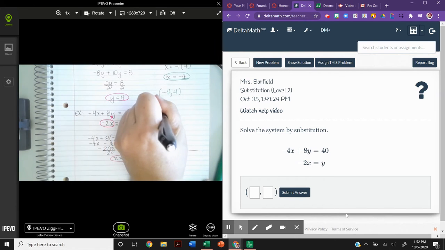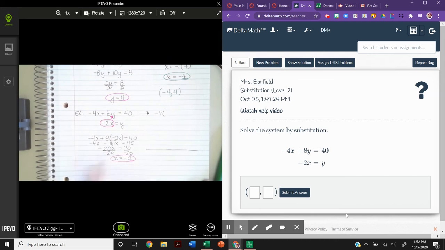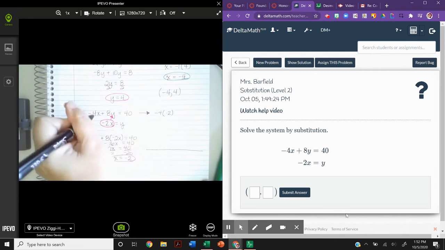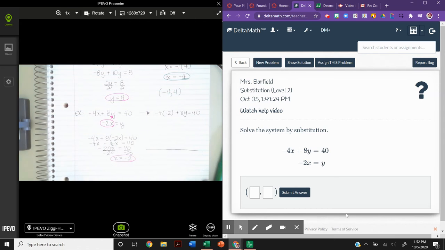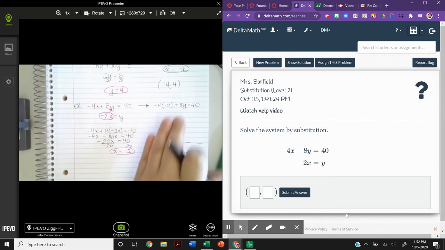So if I take negative 4 and instead of x, I write negative 2, plus 8y equals 40. Or you could say negative 2 times, and instead of x, I replace that with negative 2, equals y. It doesn't matter where you put the negative 2.